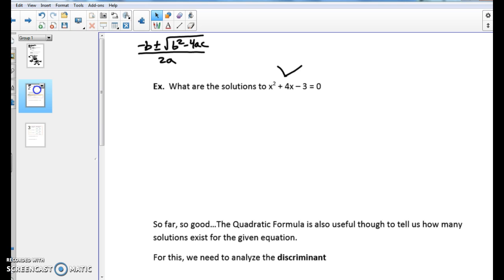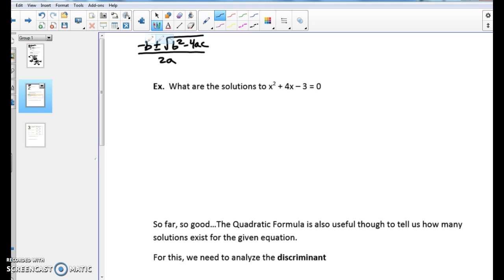If you try and break this thing down into factors, you might think 3 and 1, maybe? You might try every combination of that, but you think 3 and 1 are going to add to 4, but you can't get the right plus or minus combo, so it just doesn't quite work out like that, okay? So that's why factoring isn't going to be very helpful here.